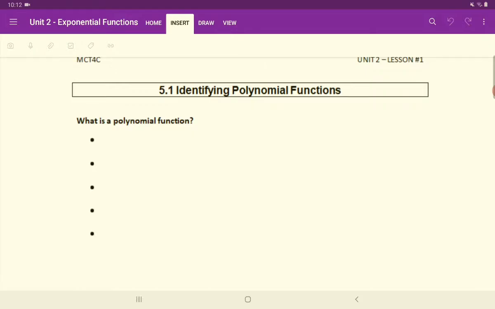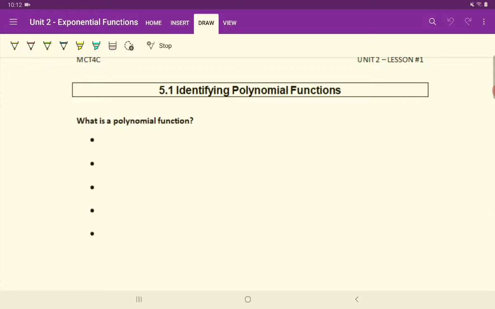And before we do that, we really should look at defining what a polynomial function is. Okay, so there's several points I want to make here on how to identify or define a polynomial function. So the first thing being that it must be in a particular form. Okay, so the equation itself must be in a particular form.